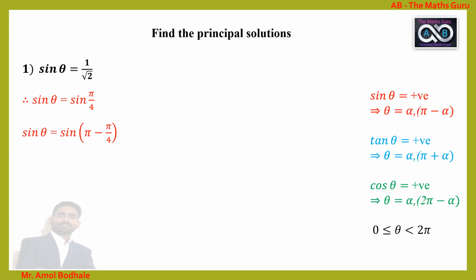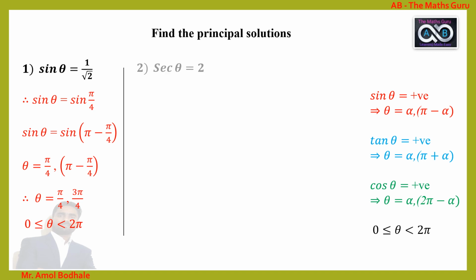So pi by 4 is in the first quadrant, and pi minus pi by 4 is in the second quadrant. Therefore theta equals pi by 4 and pi minus pi by 4 are the solutions. Therefore theta equals pi by 4 and 3 pi by 4 are the solutions, where theta lies between 0 and 2 pi.